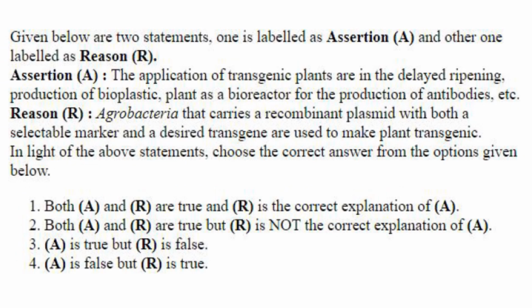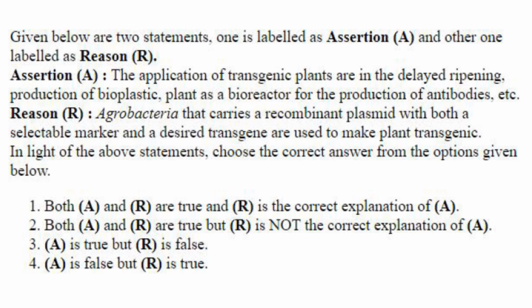Then again assertion, reason. The applications of transgenic plants are in delayed ripening, production of bioplastic, plants as bioreactors for the production of antibodies, etc. Yes, this is the reason why you use transgenic plants. So these are the applications. So A is correct.